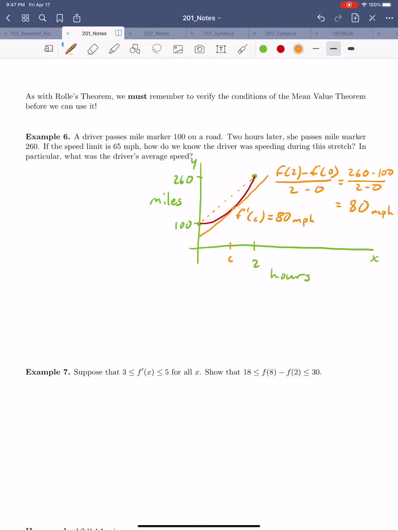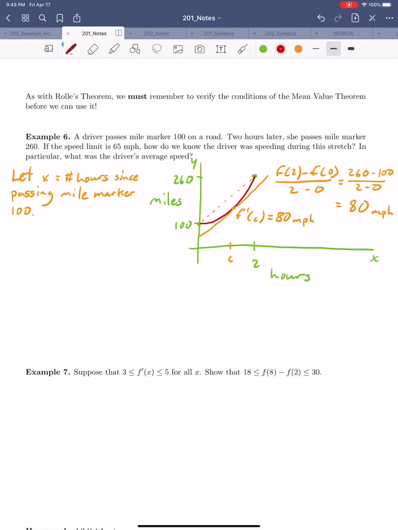All right. Now let's write this up a little bit more formally. We're going to say let x equal the number of hours since passing mile marker 100.